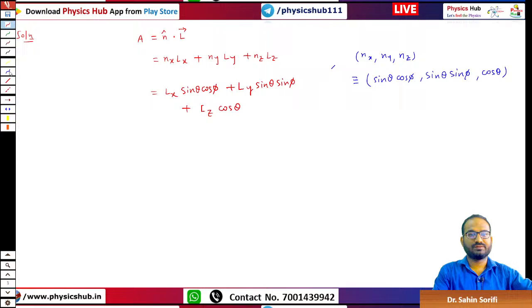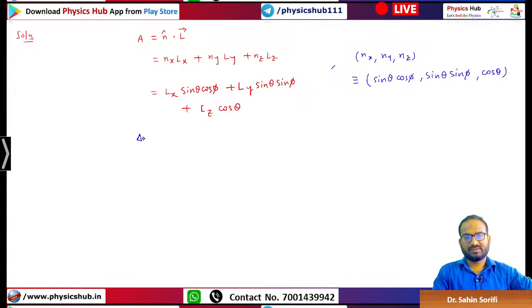What we have to find out is delta A, which is defined as A square average minus A average square. So we need to find them separately.